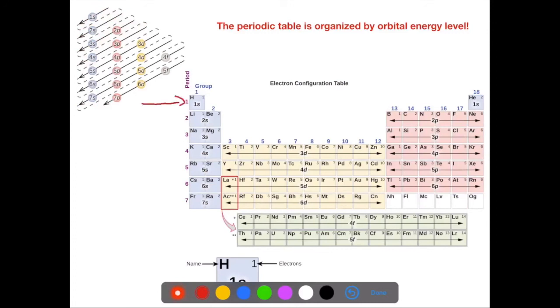On the periodic table, you can get the same thing. In the first row, we have a 1s orbital, and we can see there are 2 atoms, because we can have 2 electrons in the first row, so there's your 1s. In the second shell, we have a 2s and a 2p, so here's your 2s, which holds 2 electrons, and there's 3 different 2p's, so there's your 2p. Then we would go to the third shell where we have our 3s, and then our 3p here.